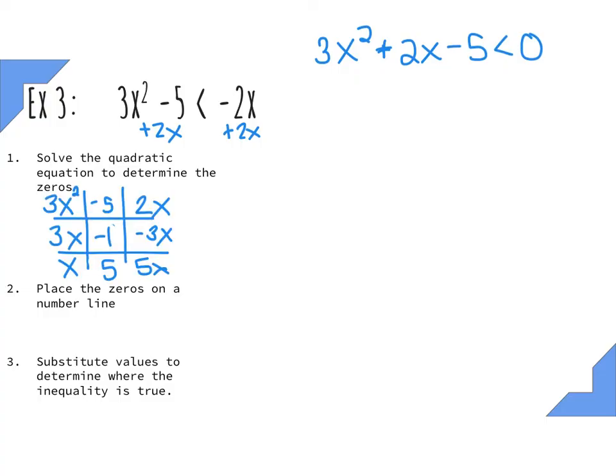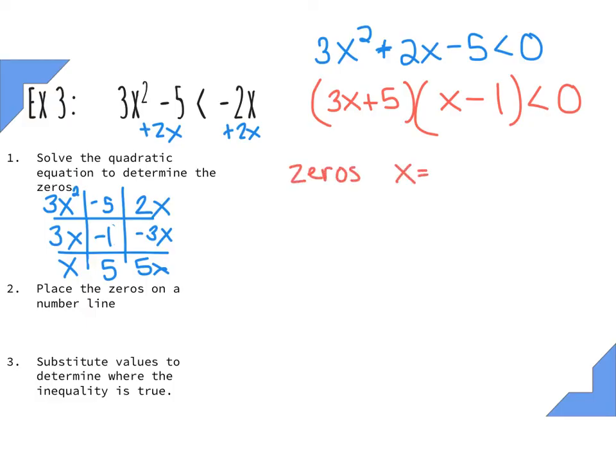I've set up my tic-tac-toe over on the left to help you if you need to look at how I factored this. It factors into 3x plus 5 times x minus 1 is less than 0. So if this were a function, the zeros of this function would be x equals -5/3 and x equals +1.